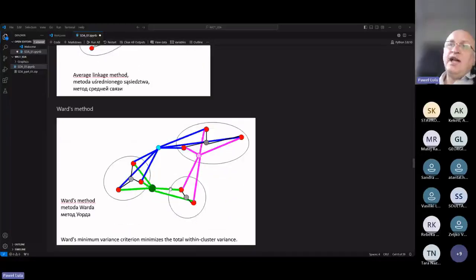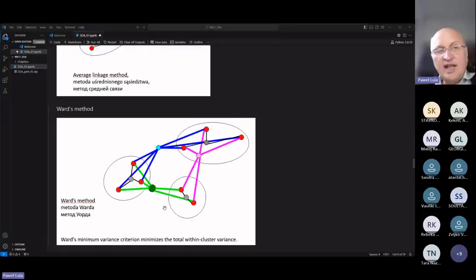And the last agglomerative method, which I'm going to present, is Ward's method. This method was invented by Ward, so his name is here in the name of this method. The problem here is the same.